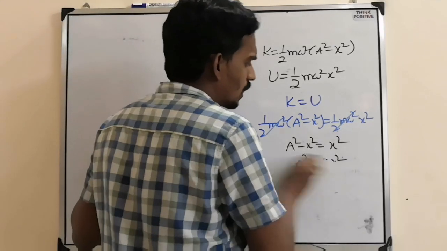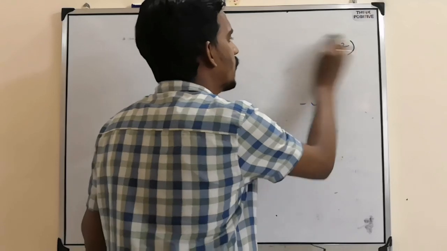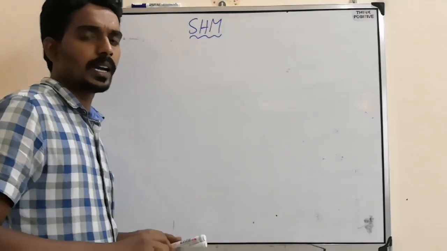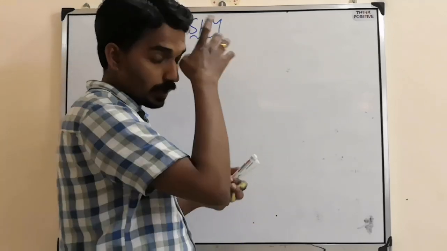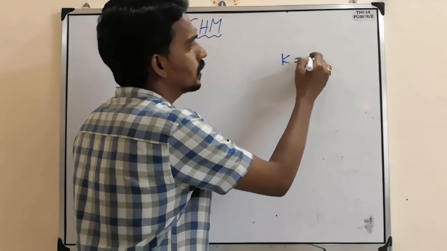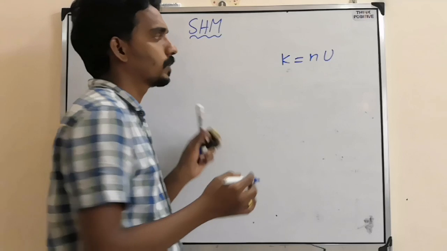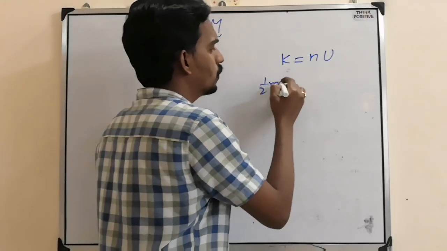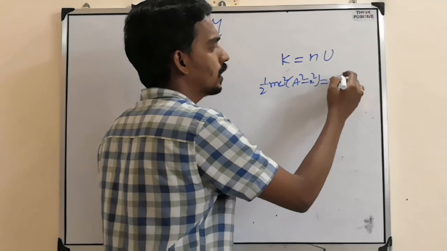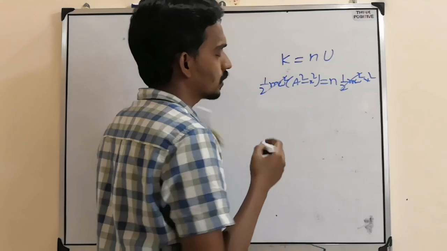This is one condition they can ask. Or else they can ask, in general, kinetic energy is n times potential energy. So what is the corresponding displacement? If you substitute, half m omega square (a square minus x square) equals n into half m omega square x square, these two cancel.